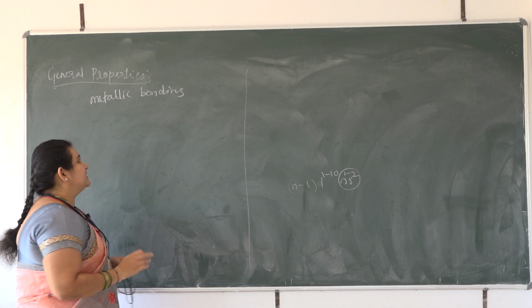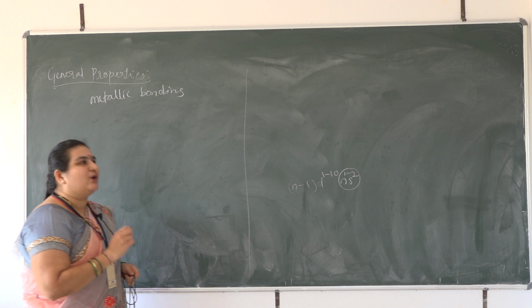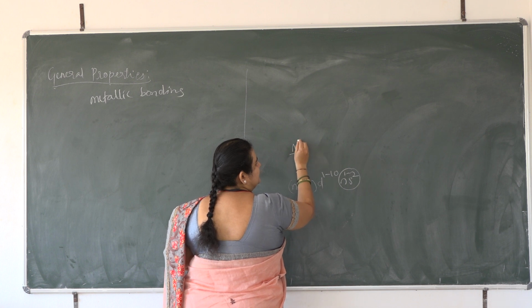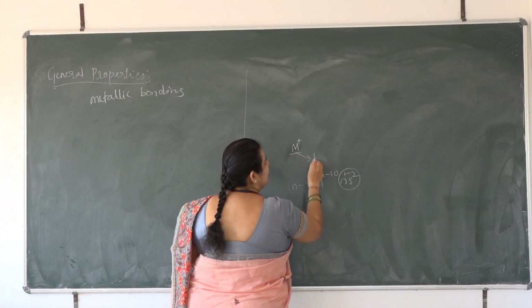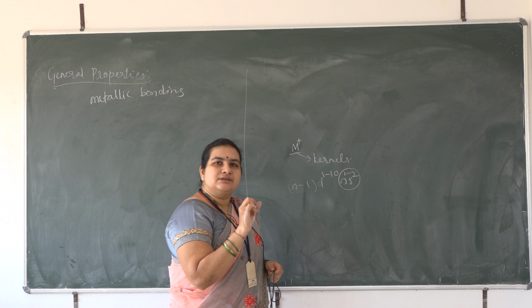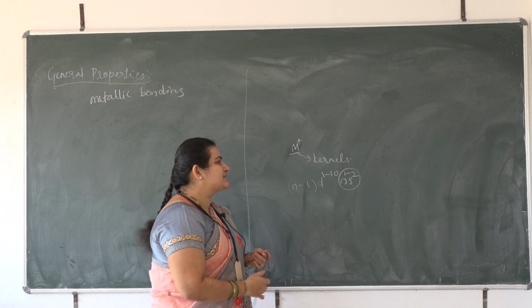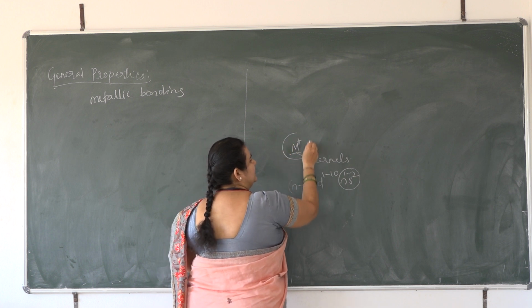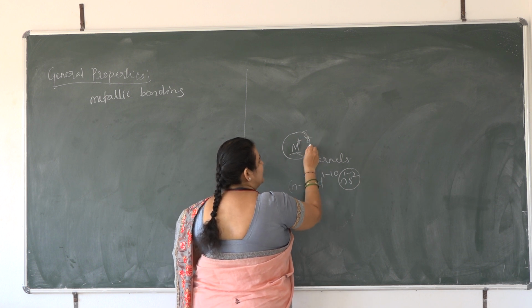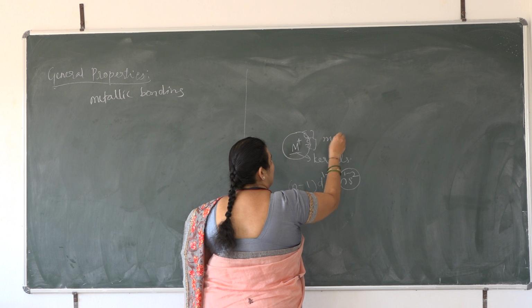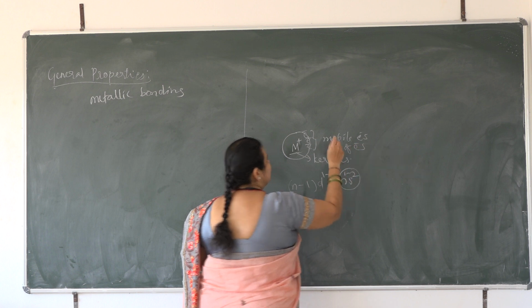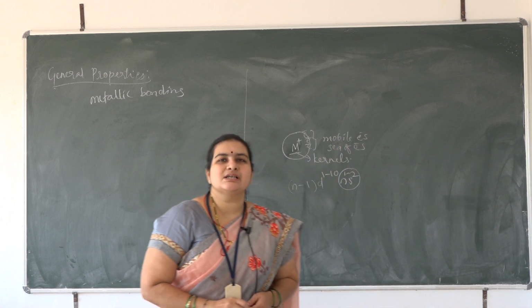See here, metallic bond is the bond where, in the center, a metal atom is present with a positive charge, and this metal atom is called a kernel. This positively charged metal atom is surrounded by a sea of electrons, and these are called mobile electrons or sea of electrons, and this model is called the electron sea model.